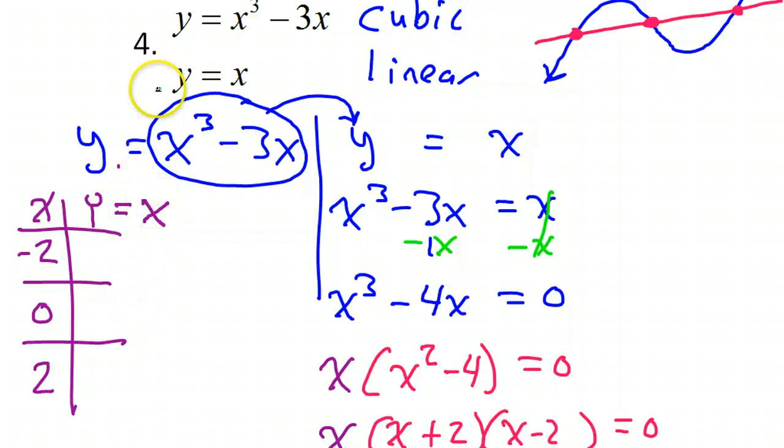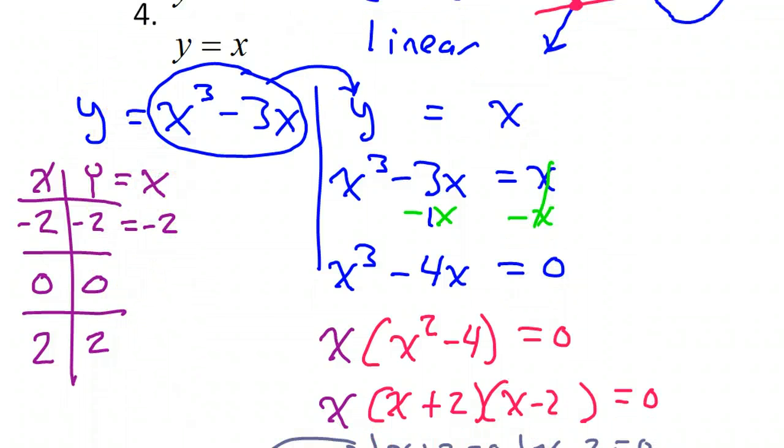If y equals x, then in this case, y equals negative 2. Similarly, this will be 0 and this will be 2. They're the same. Boom, boom, boom. So that's it.